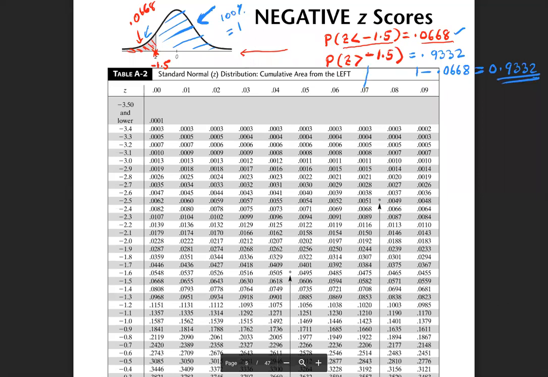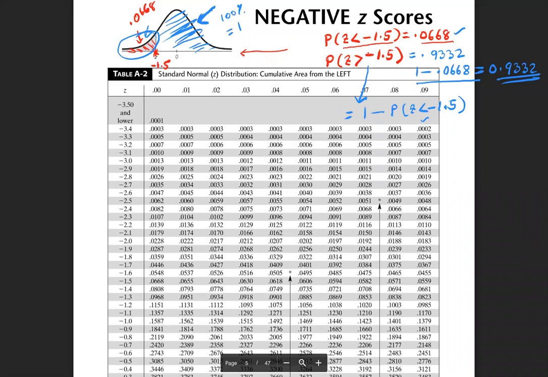Another way of writing the same thing is this: the probability of Z greater than negative 1.5 is equal to 1 minus the probability that Z is less than negative 1.5.